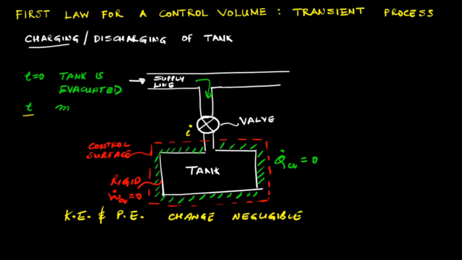Now, if we want to analyze this problem using the first law for the control volume, we'll have to make a certain set of assumptions. So the first assumption that we are going to make is that at any time instant, let's say at any time t, the state of the gas is uniform within the tank.